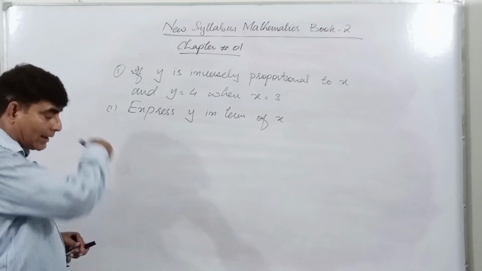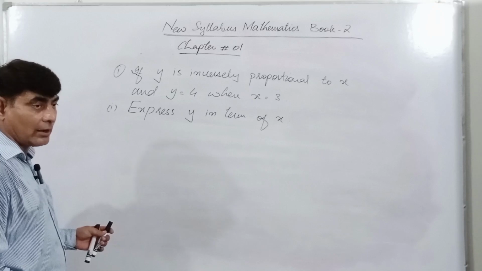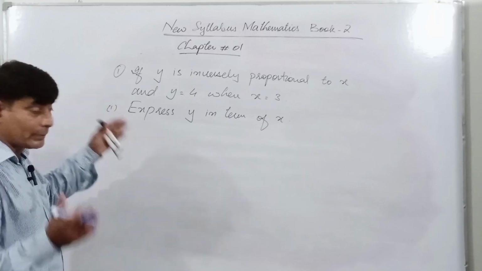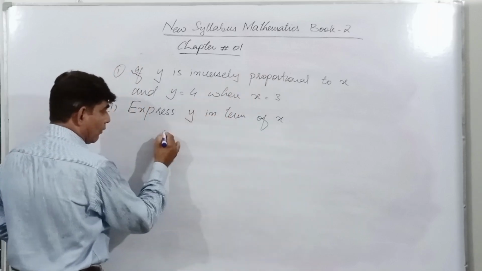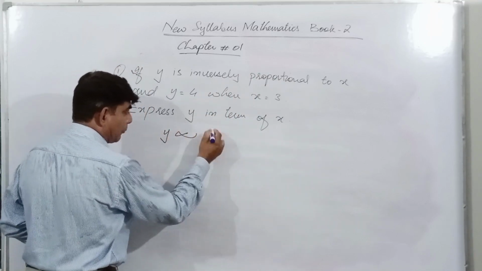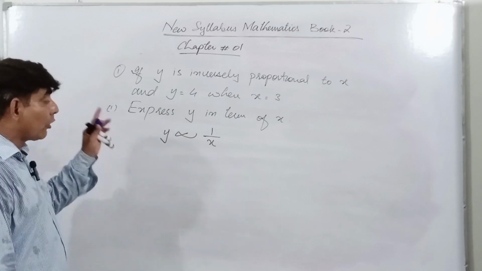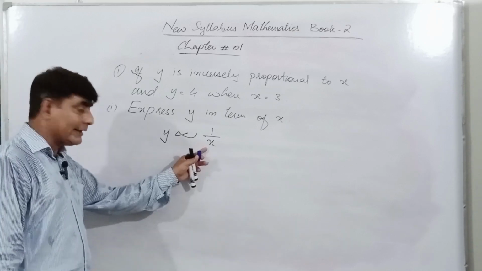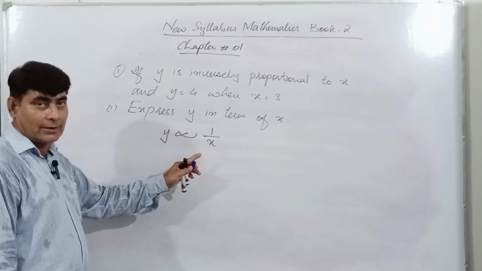So listen, according to the given statement, the mathematical formation would be like this: y inversely proportional to x. In case of inverse proportionality, we always place the value in the denominator. So y inversely proportional to x, right?